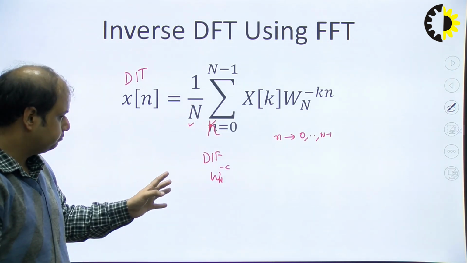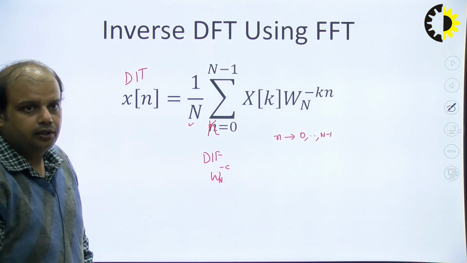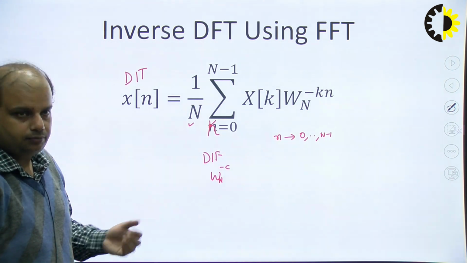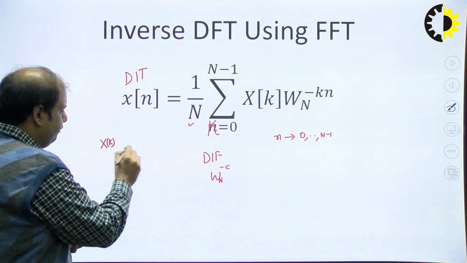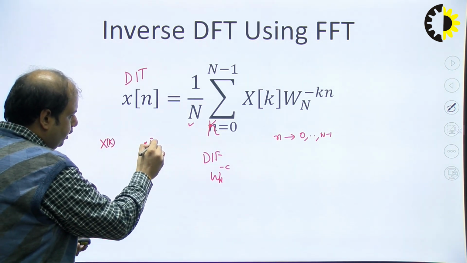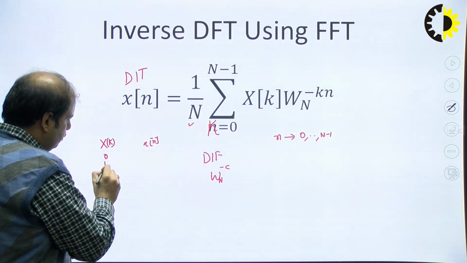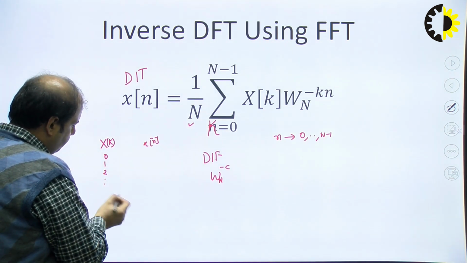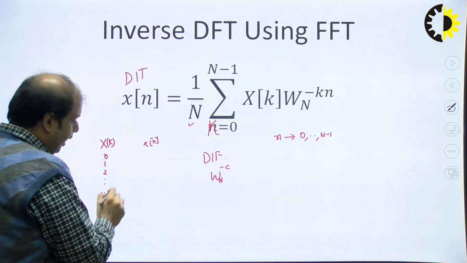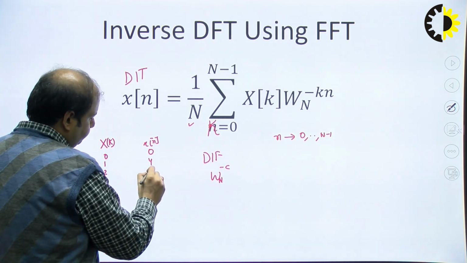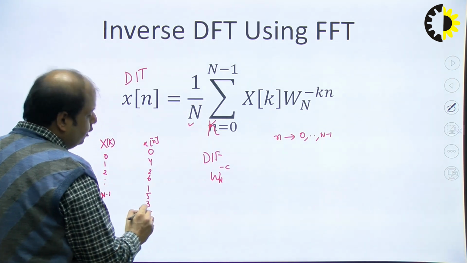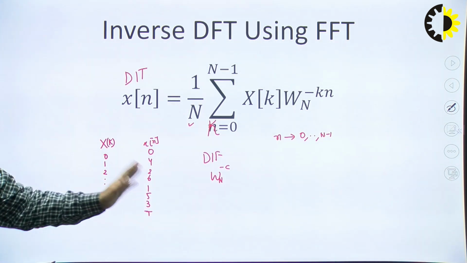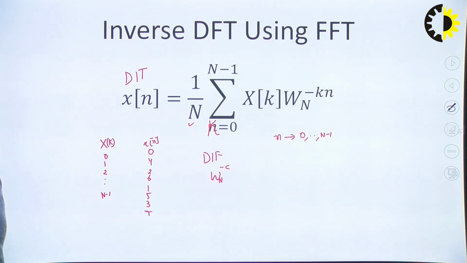In the FFT plot, on the left hand side we have X of k, and we'll get x of n. The X of k will be from 0 to N minus 1, and these will be decimated. Similar to DIF, everything is the same, just that a capital X will be on this side and a small x will be on this side.